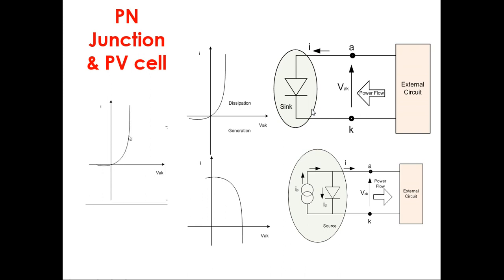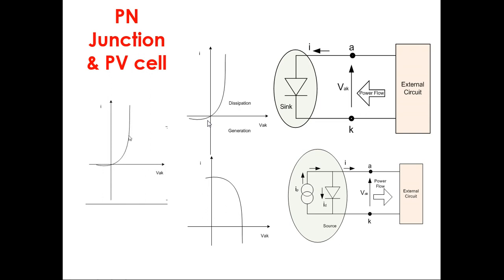Otherwise the switch will be short circuited, or you can say there is some physical resistance in series. If the power flows from the battery or external supply to the diode, there will be a supply from anode to cathode, and that is the forward characteristic.